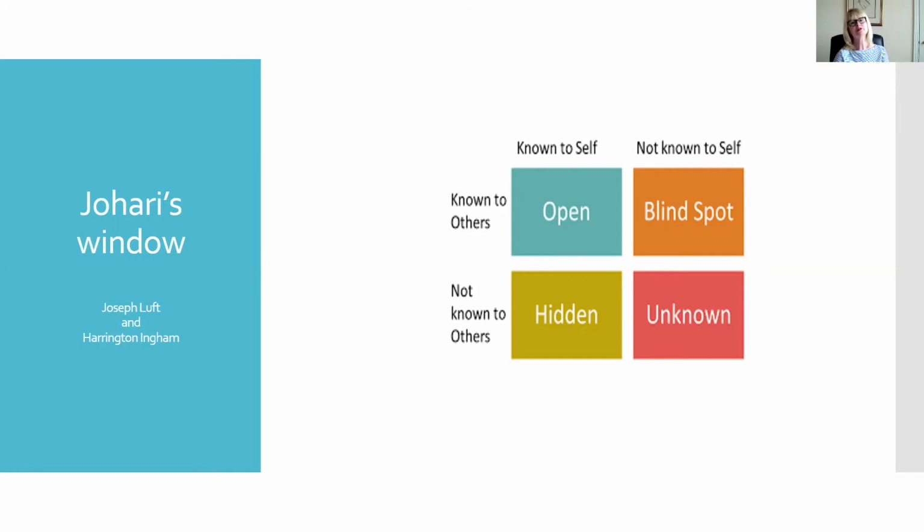The third part of Johari's window is the blind spot. And this is really interesting. This is where we have no understanding, perhaps, of our weaknesses, or it could even be our strengths, but we don't see them, we don't understand them.